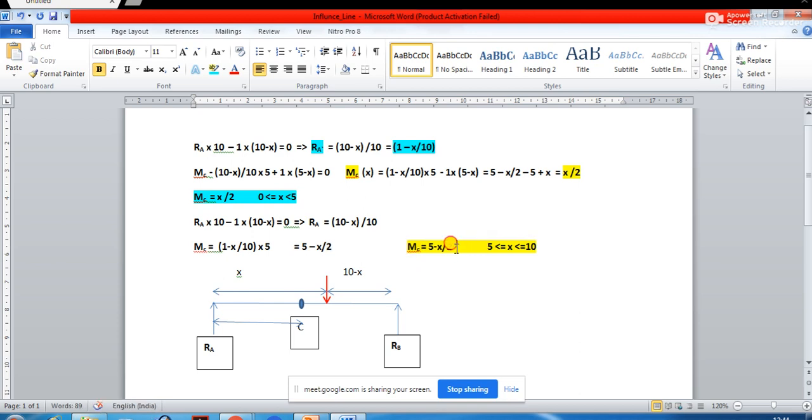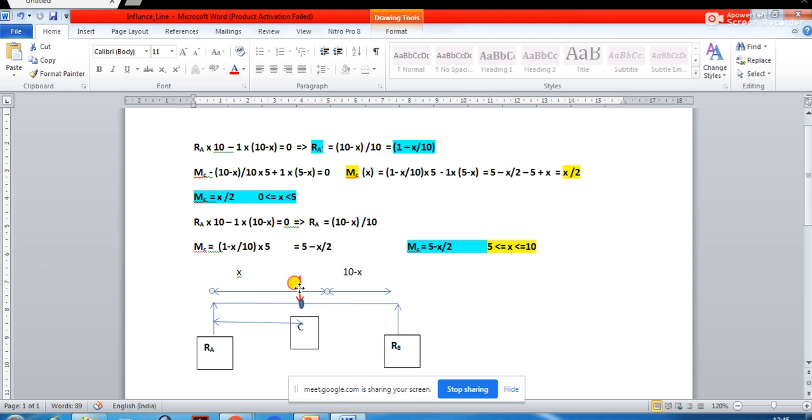Now this value of M_C will be valid for what? See, the earlier value of M_C is valid up to this 5. That means when this load is just at the left of this point C, the value of M_C is x by 2.